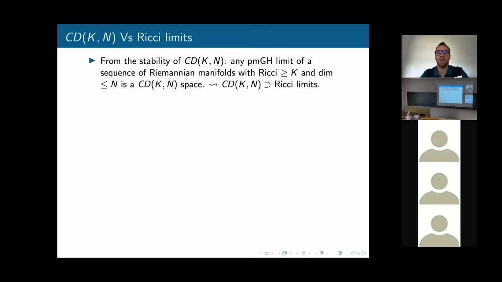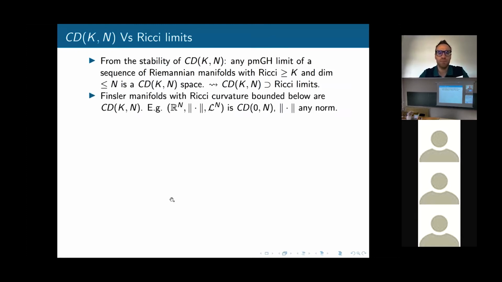And so, as we were saying at the beginning of this lecture, the CD(K,N) spaces contain Ricci limits of manifolds of dimension at most N. But the CD(K,N) spaces also contain Finsler manifolds. One can make a notion of Ricci curvature bounded from below in the Finsler setting too.